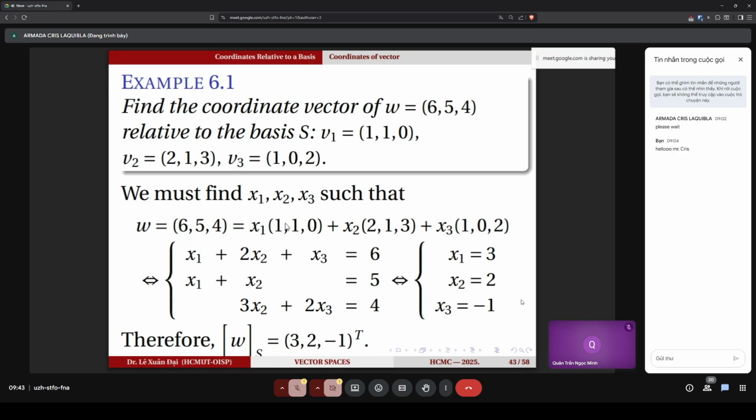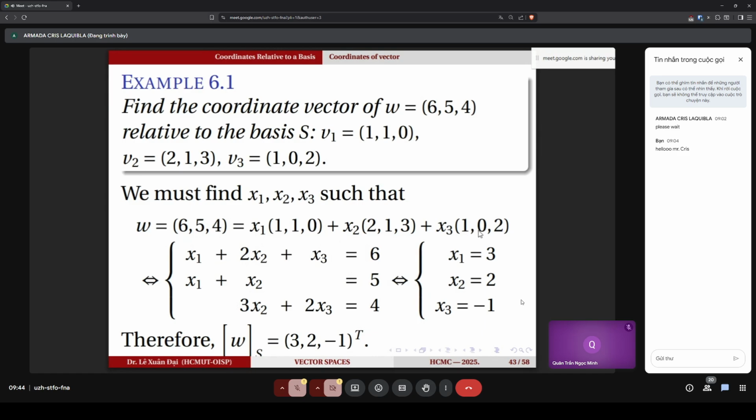Here the first component is x1. The first component here is 2x2. And the first component here is x3. Now for the second components, we have 5 as the second component. Then the second component here is x1, here it's x2, and x3 here is 0. So only x1 plus x2 is equal to 5. Now next, for the third component, you have here 4. And then the third component here is 0. So there is no x1 there.